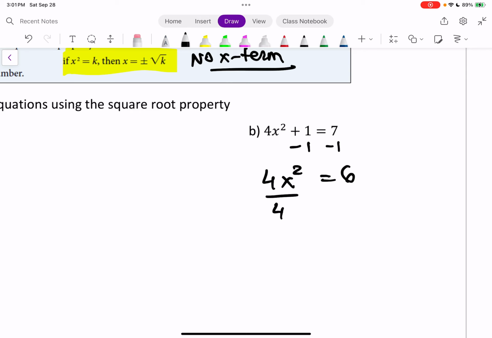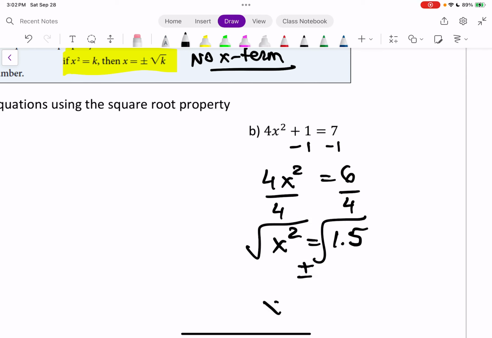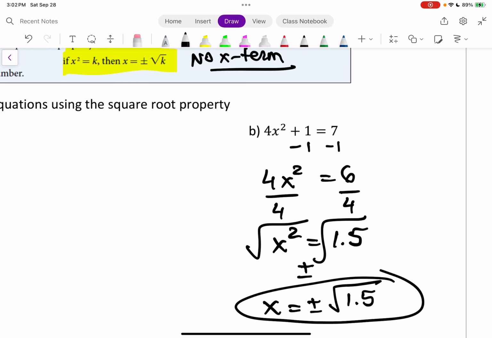Minus the 1, divide by 4. And now take the square root on both sides, and don't forget about plus or minus. So your answers can be just as pretty as plus minus square root of 1.5, which you can also put in your calculator and give me a decimal answer for it.